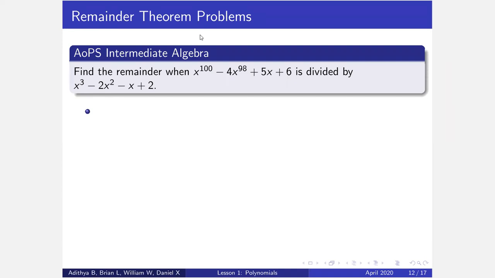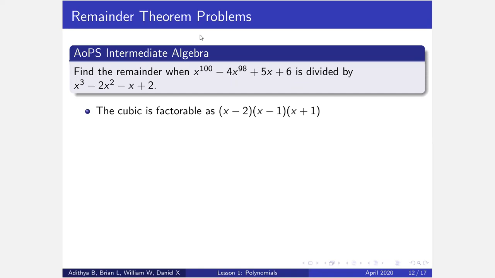So we can factor it like that. Now we're going to divide our polynomial by x minus 2 times x minus 1 times x plus 1.